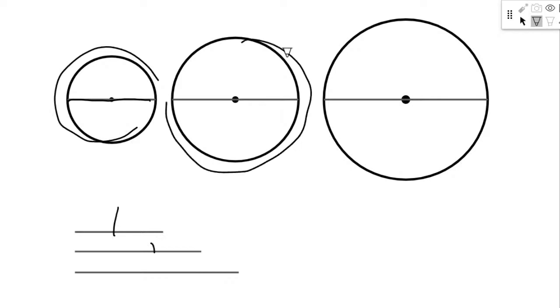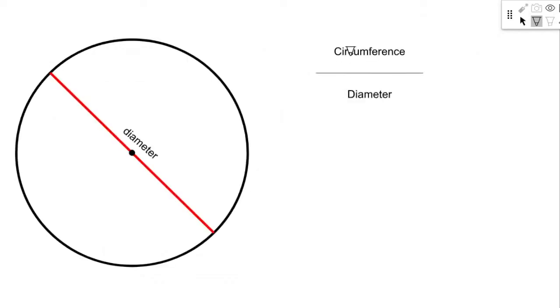So here we see that there is some kind of relation between circumference and diameter, and this one is actually the very famous pi. And from here we know that circumference, let's denote it as c, equals pi multiplied by diameter.